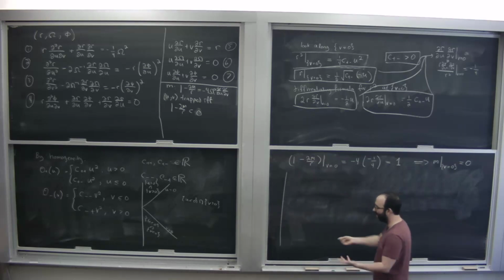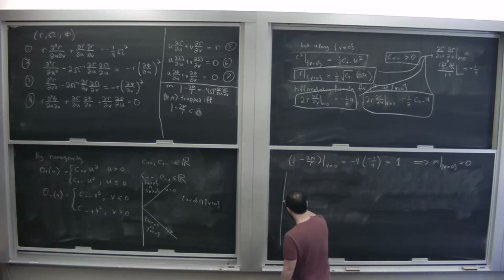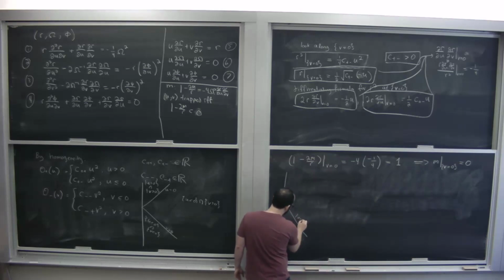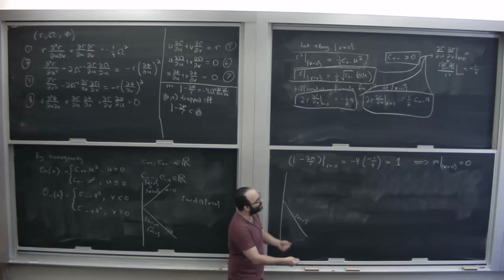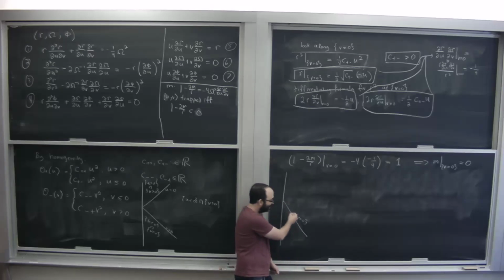We don't actually know what's going to happen yet. But here's v equals 0. If you have a v equals 0 in your space-time, then what we've concluded, after just rescaling to make the lapse 1, is that the Hawking mass has to vanish along this line.